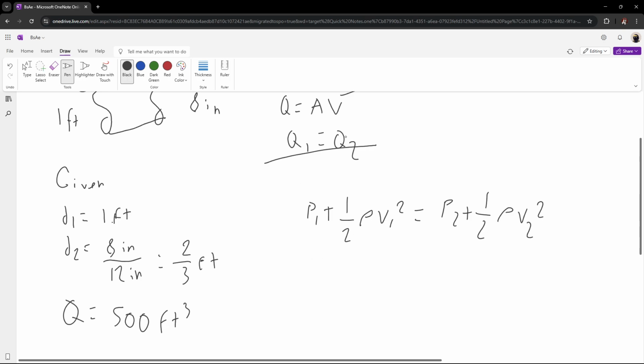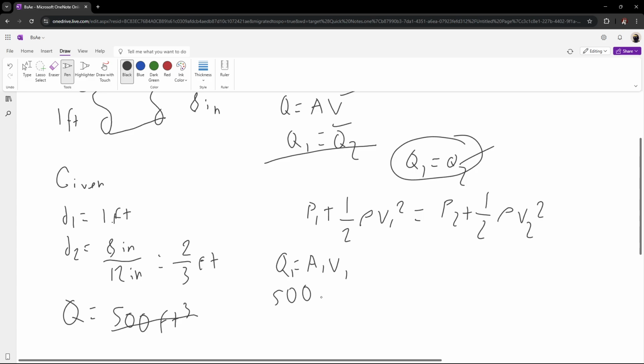Next, we have to get the V. We have Q is equal to A1 V1. Now again, Q1 is equal to Q2. So the 500 cubic foot is equal to Q2, and 500 cubic foot is equal to A1 V1.